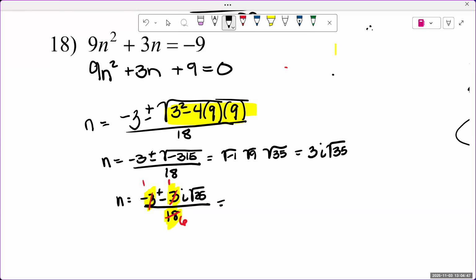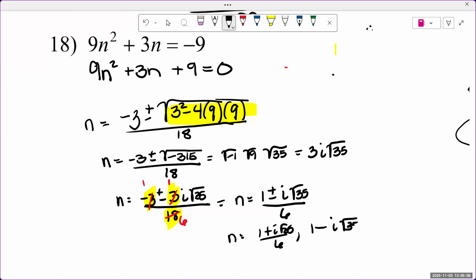So that gives us n is equal to 1 plus or minus i square root 35 over 6. Or 1 plus i square root 35 over 6, 1 minus i square root 35 over 6, split into the 2 answers.